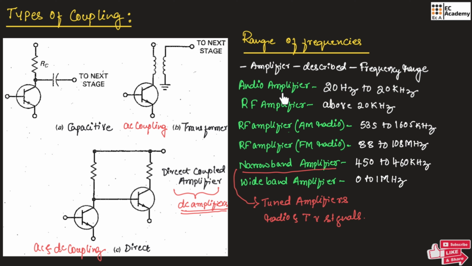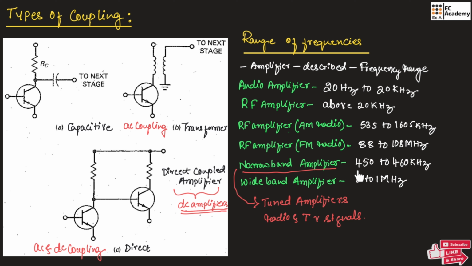If we consider audio amplifier, it will operate in the range of 20 Hz to 20 kHz. RF amplifier will operate above 20 kHz. RF amplifier in AM radio operates in the range of 535 kHz to 1605 kHz, and RF amplifier in FM radio operates from 88 MHz to 108 MHz.